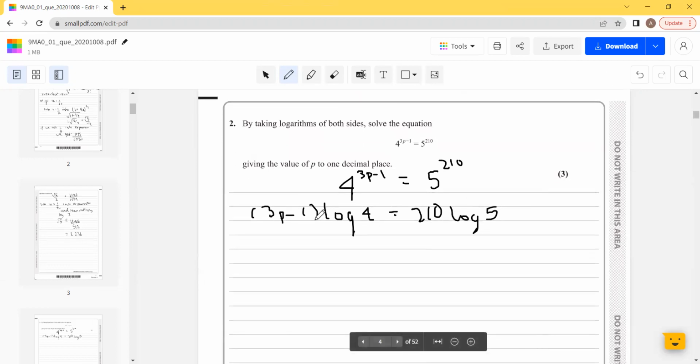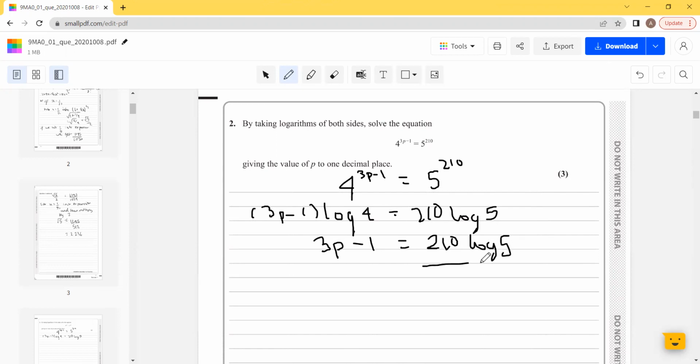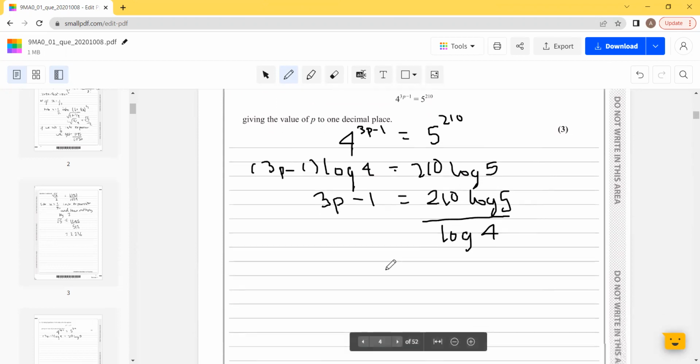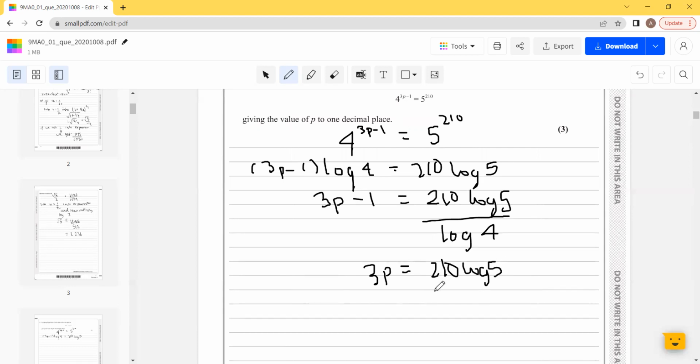Now I could just do this in one step, but I'm going to do multiple steps. So I know that 3p minus 1 is equal to 210 log 5 over log 4, because I divide both sides by log 4. So 3p is equal to 210 log 5 over log 4 plus 1.